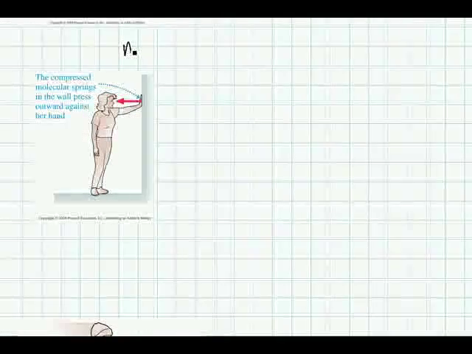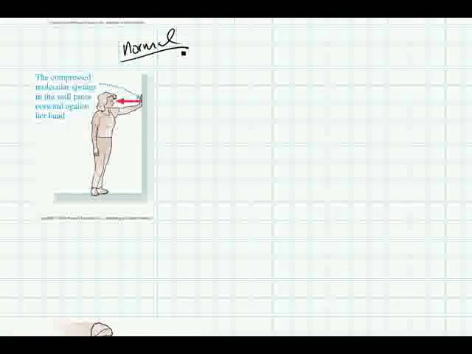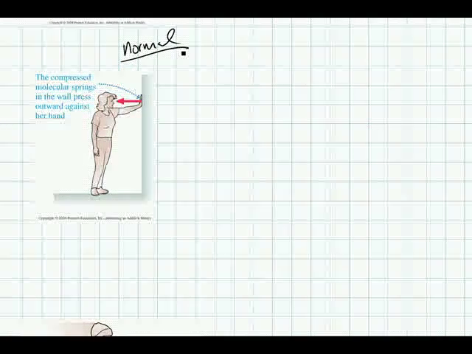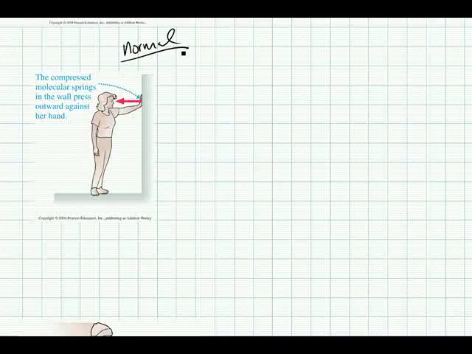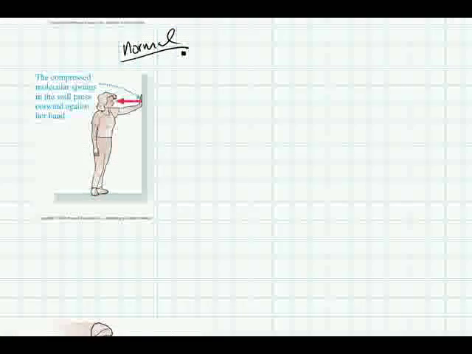Normal force, whenever you have contact between two objects. Here we have Jane again. Jane is pressing against the wall with the palm of her hand. The palm of her hand is in contact with the wall.